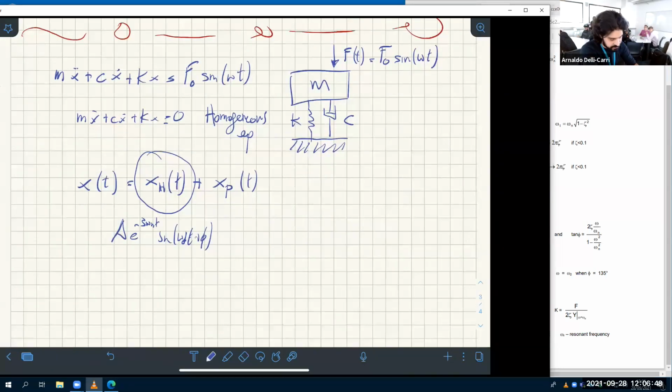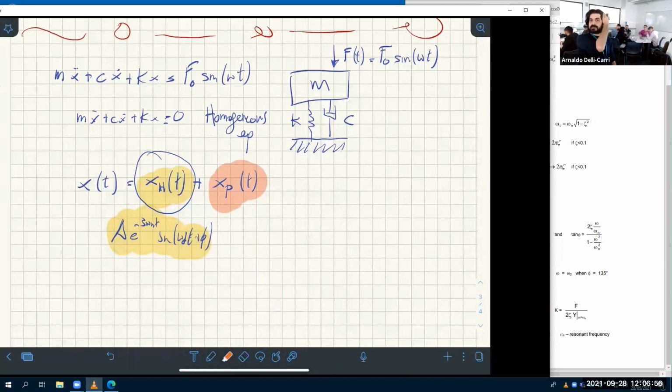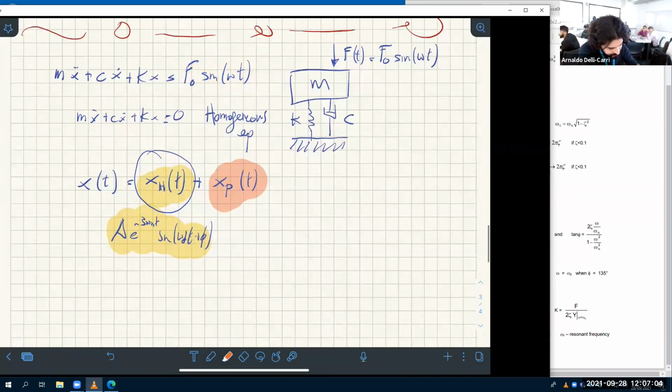And this thing here depends on what's on the right hand side. For a right hand side like this, x p of t is capital X sine omega t minus theta.